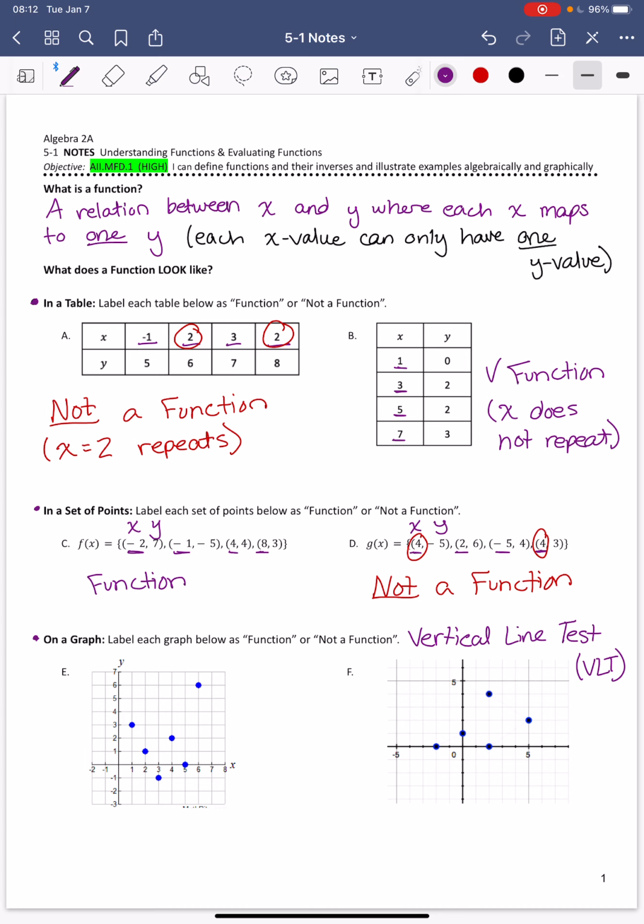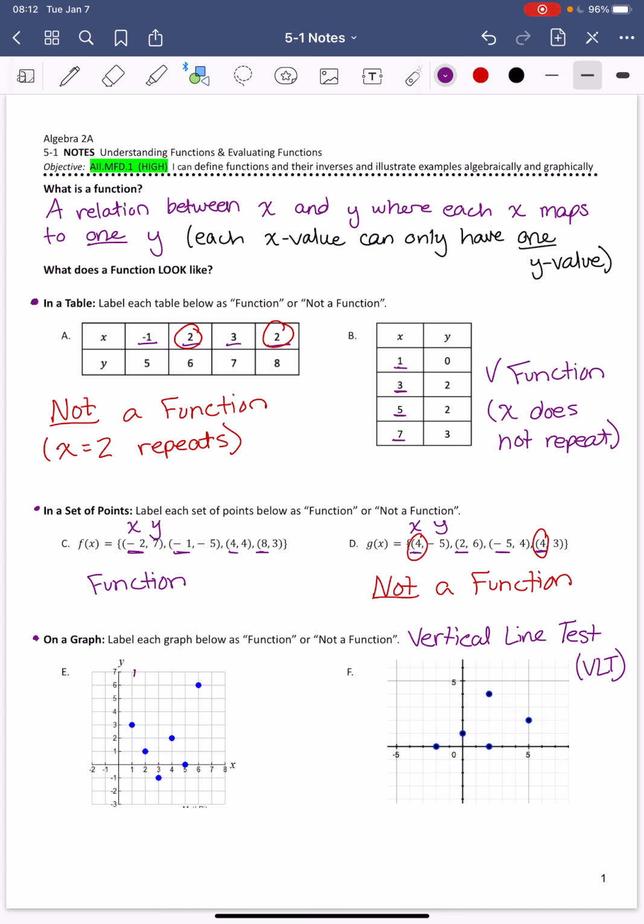So this should definitely ring a bell, but it's exactly as it sounds. What we're going to do is draw vertical lines on the graph, and we want to make sure that each point only hits the vertical line one time. Or that the vertical line only has 1 point on it. That's a better way to say that.